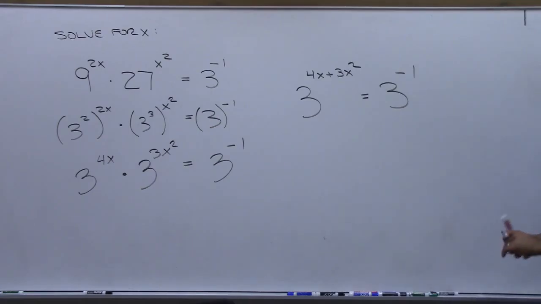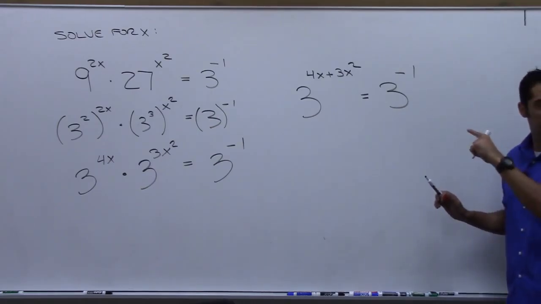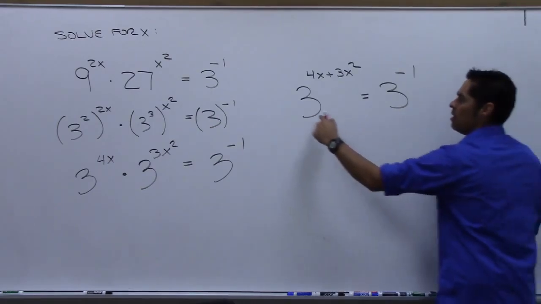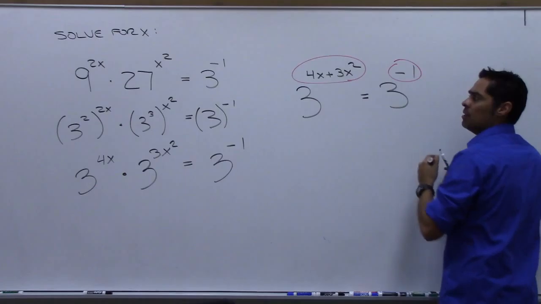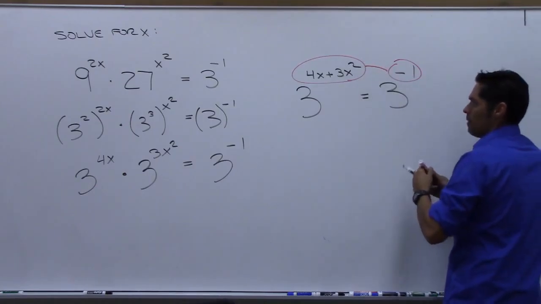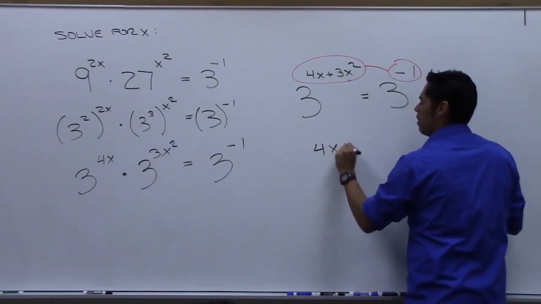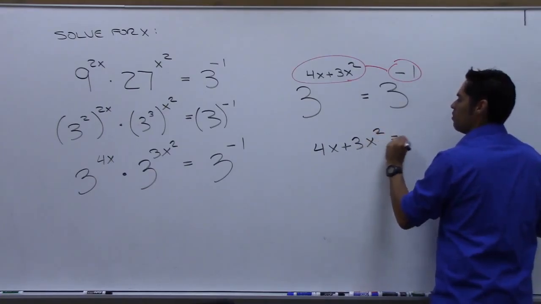Then you can match the exponents, because this is 3 to something. So you write down 4x plus 3x squared equals -1.